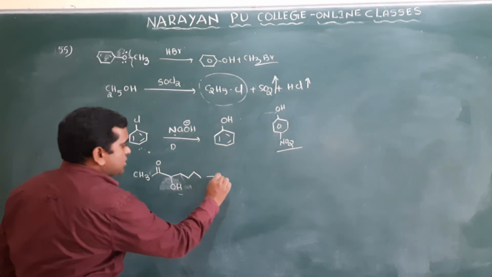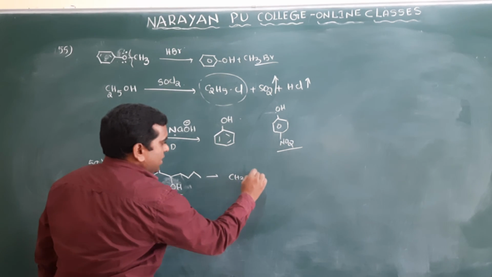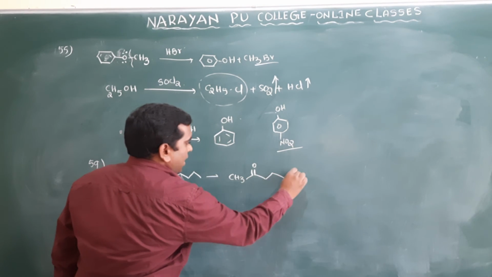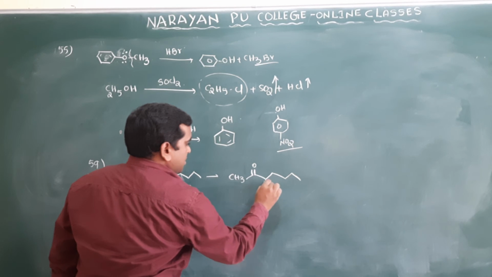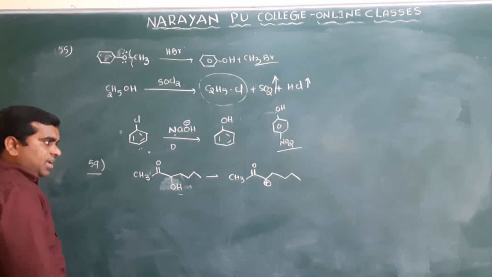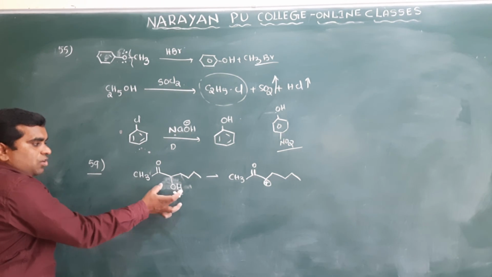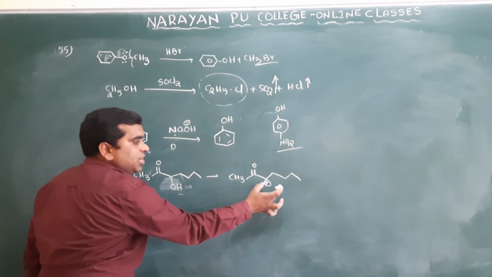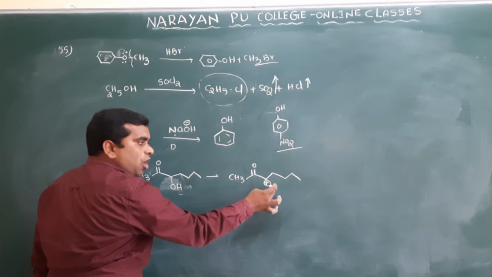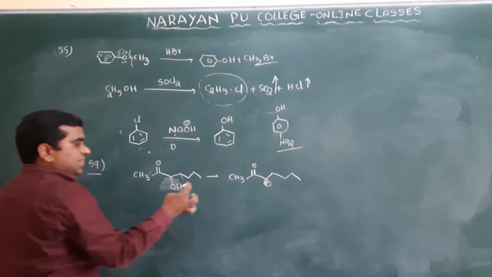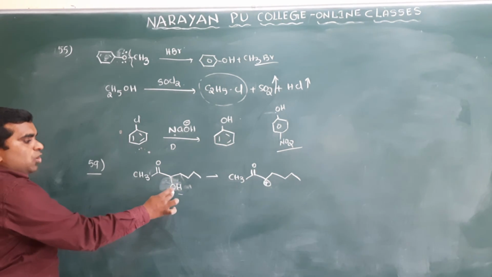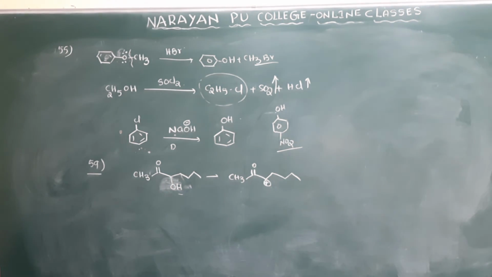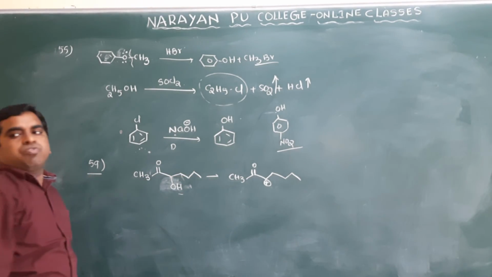After removing the OH minus, you get the compound with a double bond and a positive charge. The dehydration of this molecule depends upon the stability of this carbocation. If the carbocation is more stable, it easily loses the OH minus ion and dehydrates very fast.